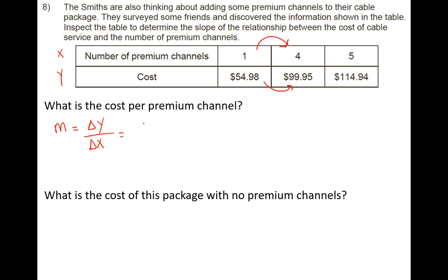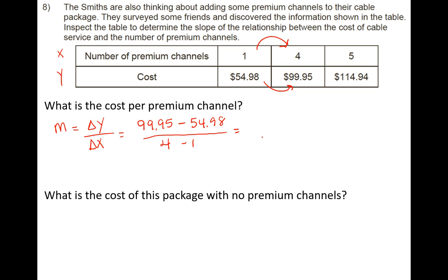So y went up to 99.95. It was 54.98. And the number of premium channels went up to 4. It used to be 1. So now we do need a calculator. I have 99.95 minus 54.98.